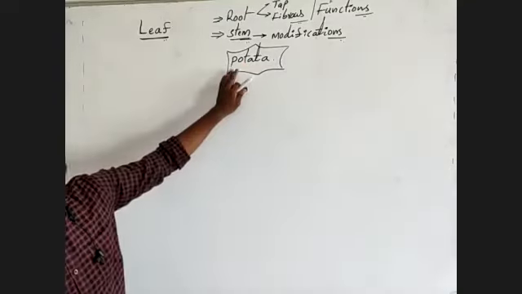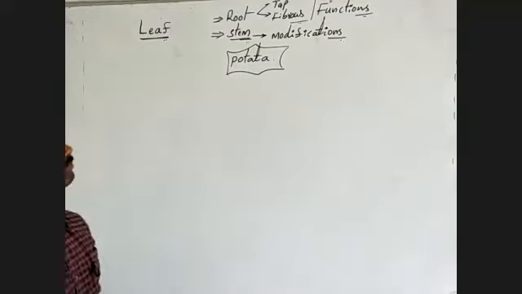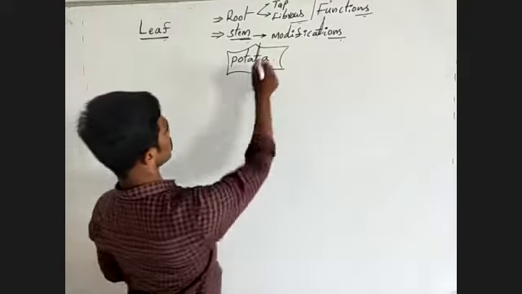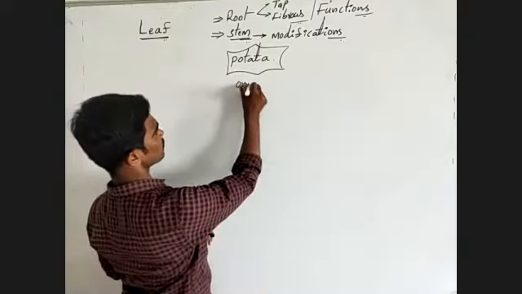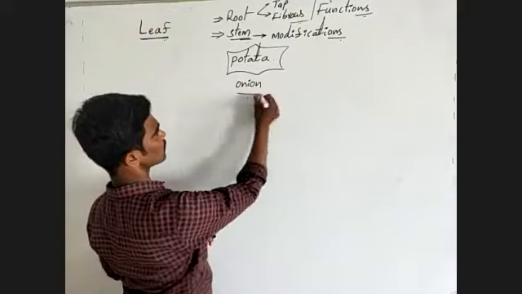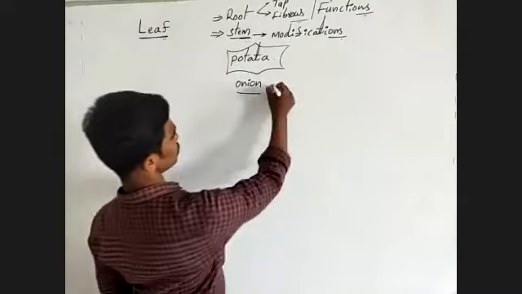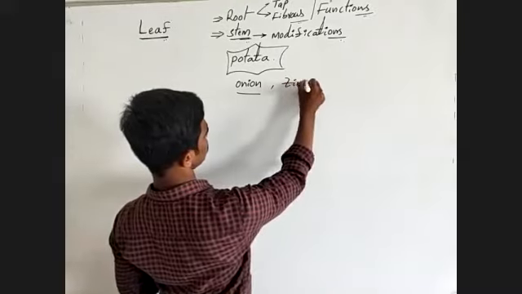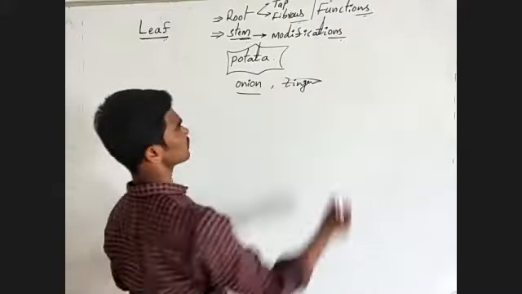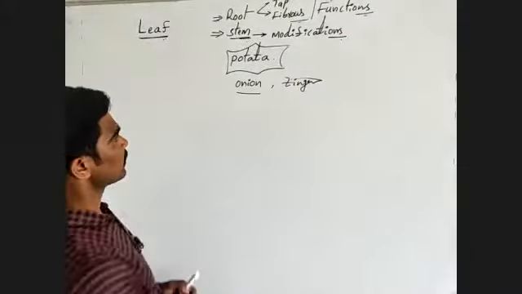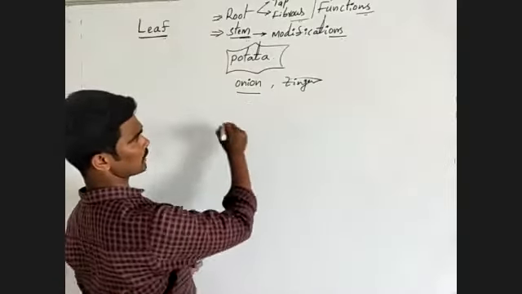Okay, it is not root, it is a stem. Next, onion, it is also stem. Ginger, okay. Next, garlic.